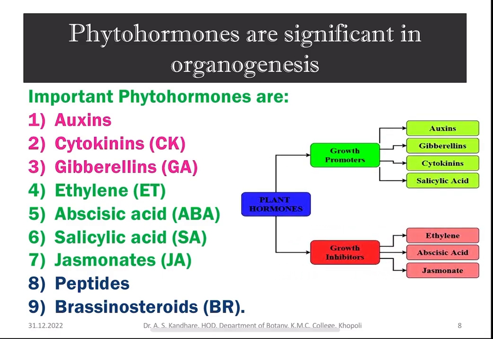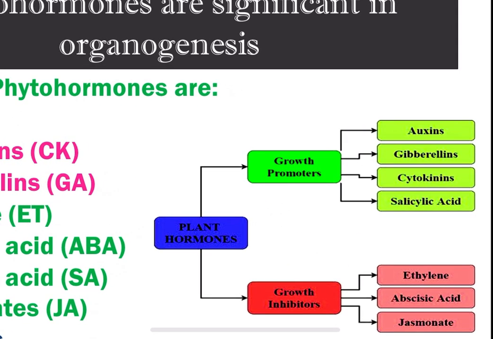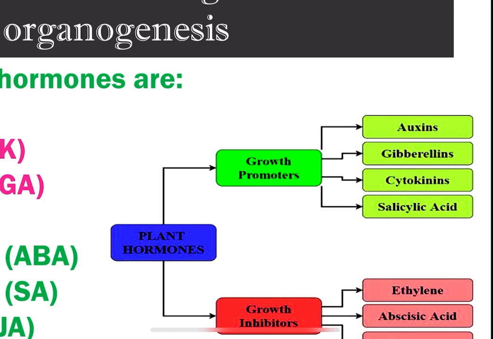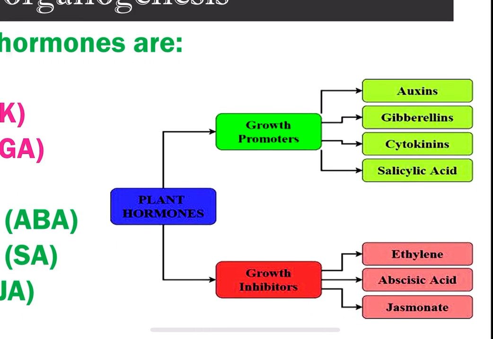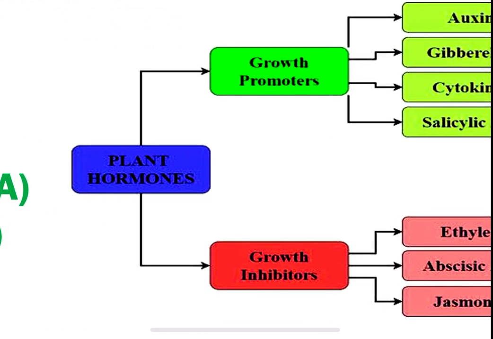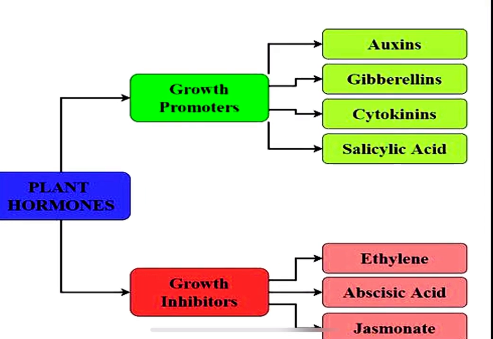So here is the chart that shows you these phytohormones and their general functions. So here you can see plant hormones, isn't it? So these plant hormones can be categorized into 2 categories, that is growth promoters and growth inhibitors. So there are certain hormones that promote the growth of the cell or tissue, and these are auxins, gibberellins, cytokinins, salicylic acid.